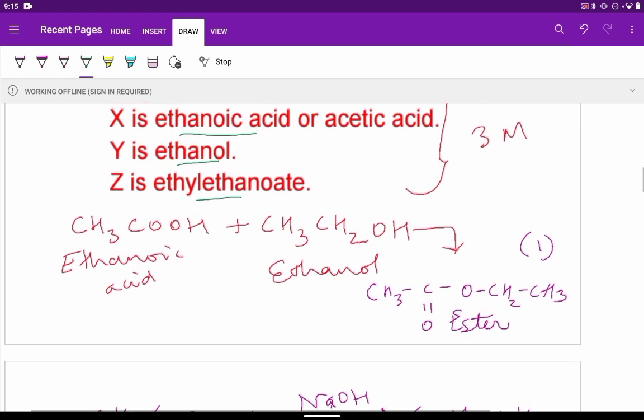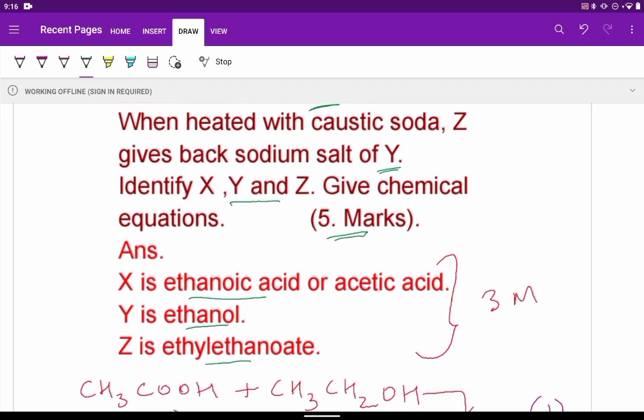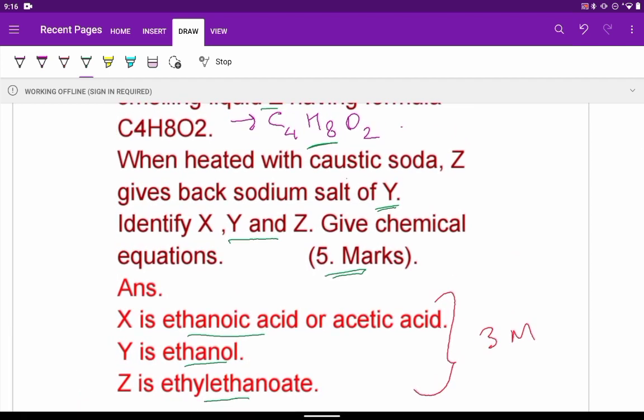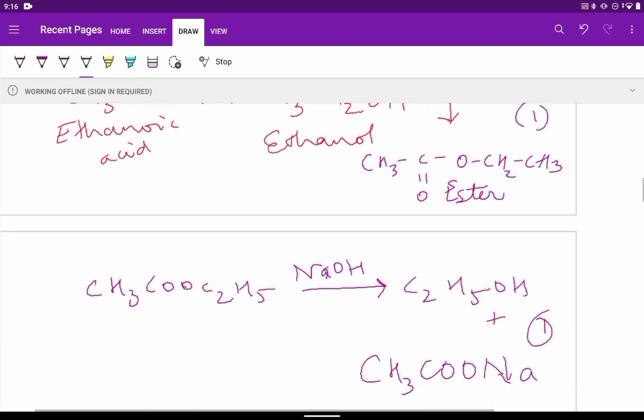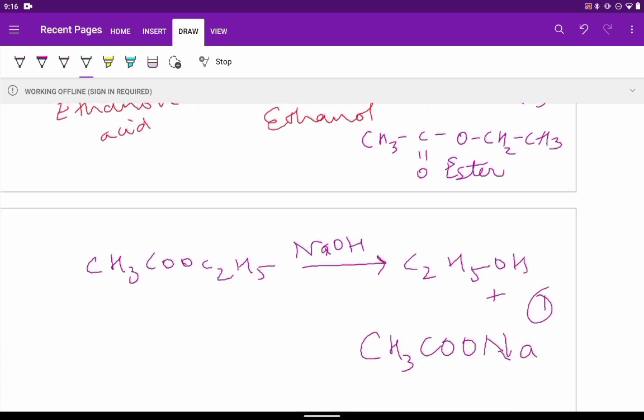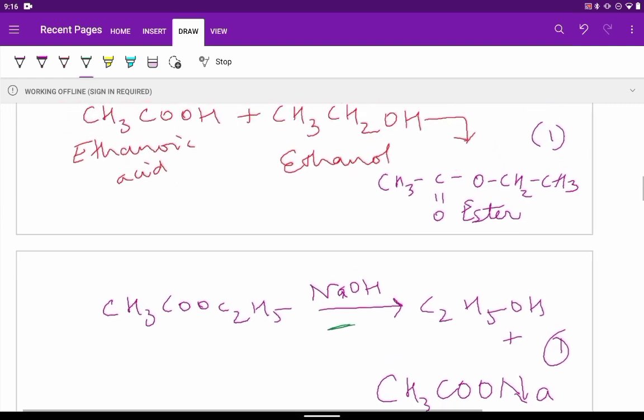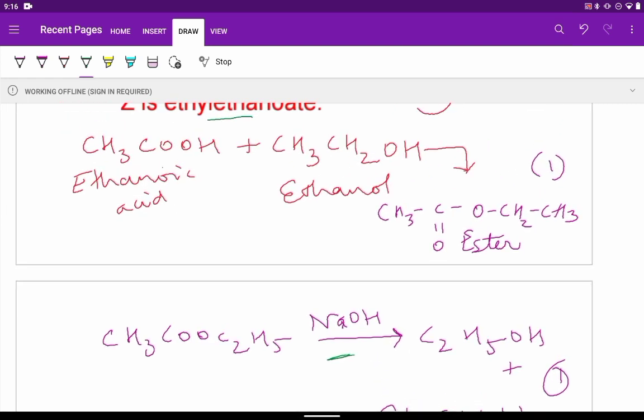Next they have told that this Z should be heated with caustic soda. So this is the next equation with caustic soda. See, this ester on heating with NaOH gives C2H5OH and sodium salt of the acid they have stated. So what acid did we start with? Ethanoic acid.